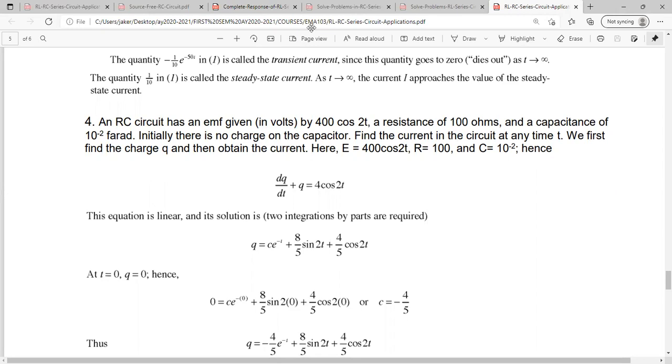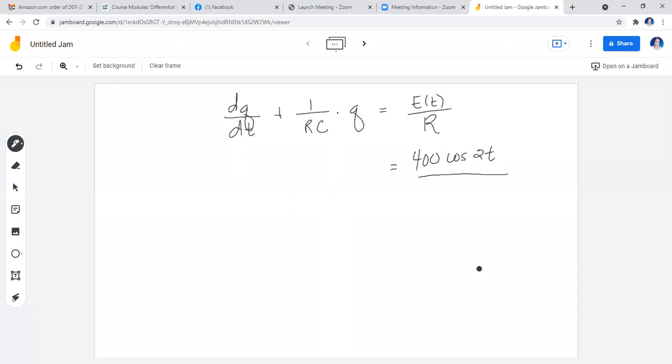Okay, so we'll substitute it in our equation. So we have here 100, and I have here 1 over 100 times the capacitance in farad, which is 0.01, and I have here the Q, and this is dq/dt.